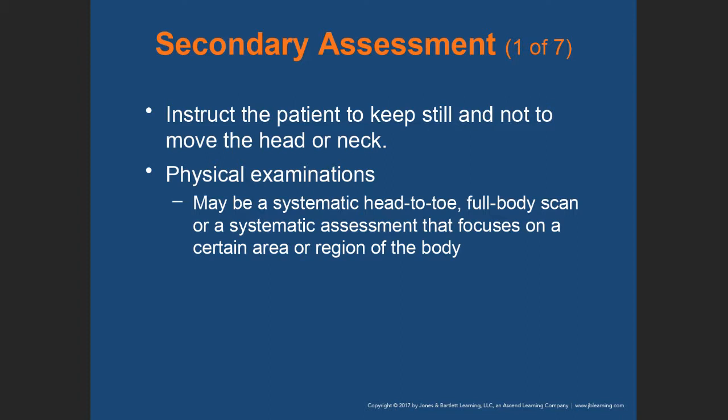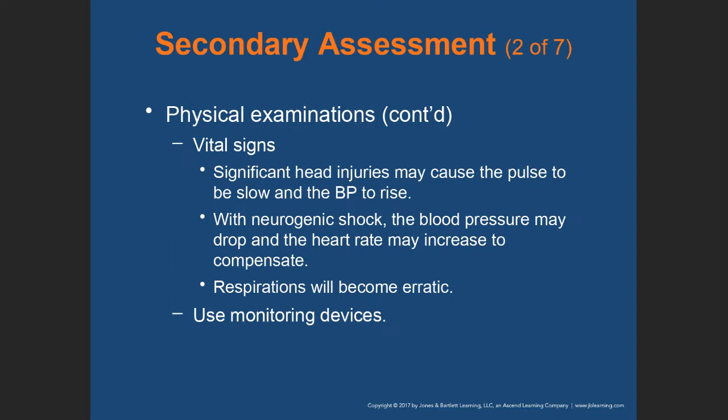Now, physical examinations may be a systematic head-to-toe full body scan or a systematic assessment that focuses on a certain area or region of the body. Vital signs. Significant head injuries may cause the pulse to slow and the blood pressure to rise. And if you can link that to an irregular breathing pattern, your patient has Cushing reflex or Cushing's triad.